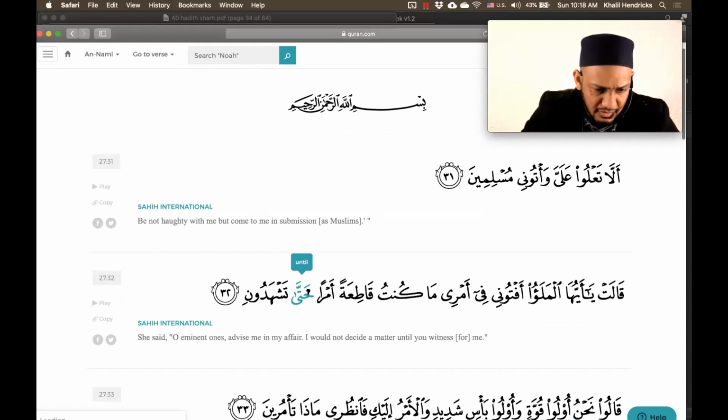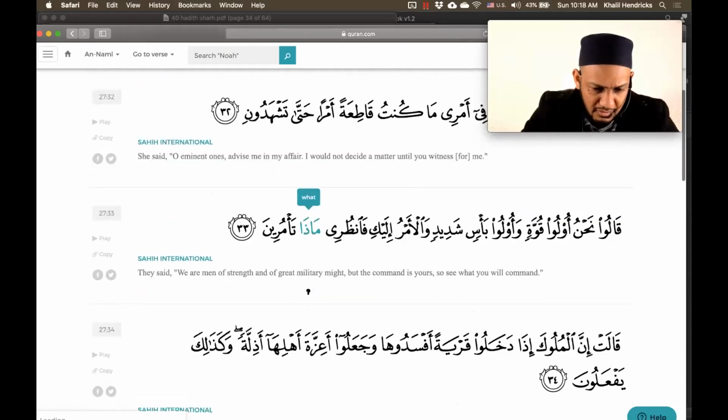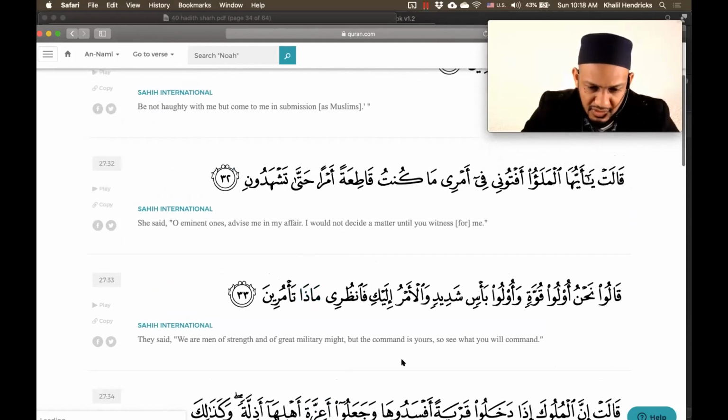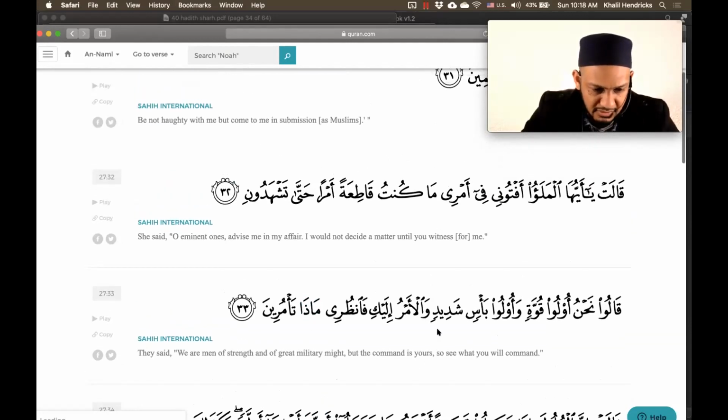This is referring to Nabi Sulaiman and Bilqis. And then Bilqis is making mashura. She's consulting with her generals.